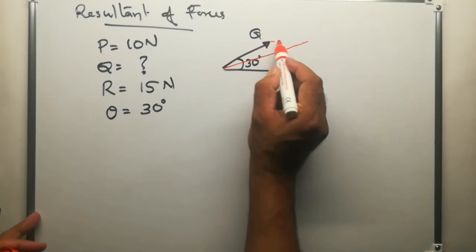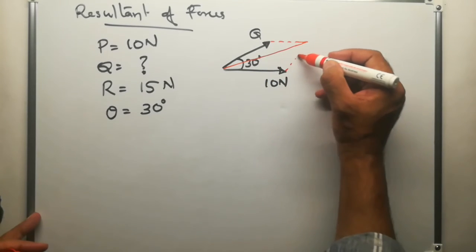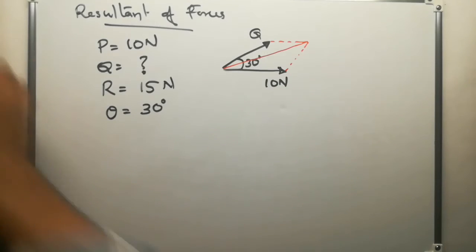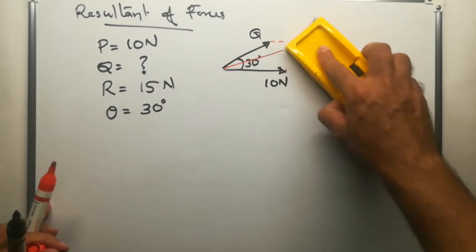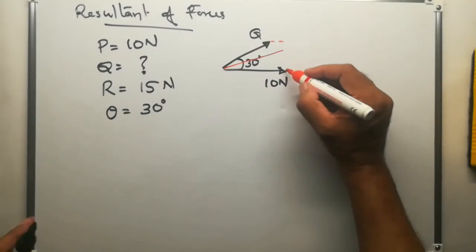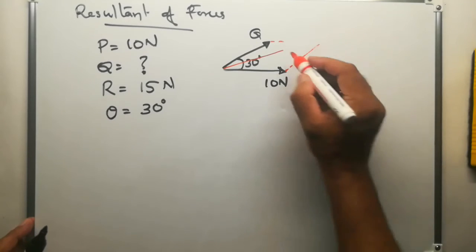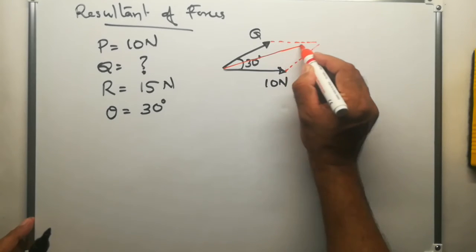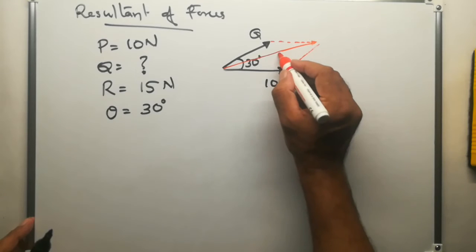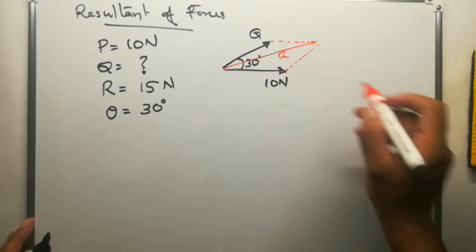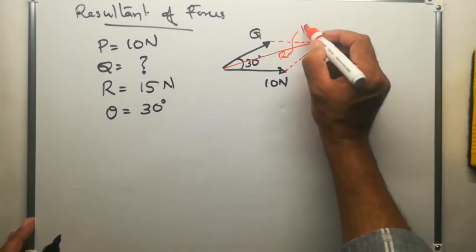If we construct the parallelogram, this will be the resultant, and the resultant's value is 15 Newton.